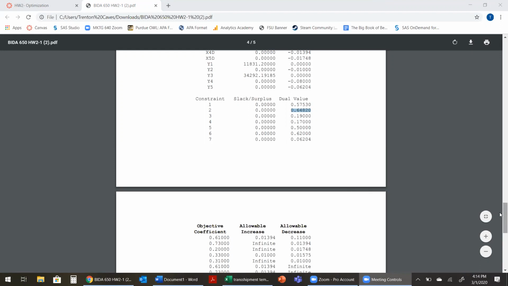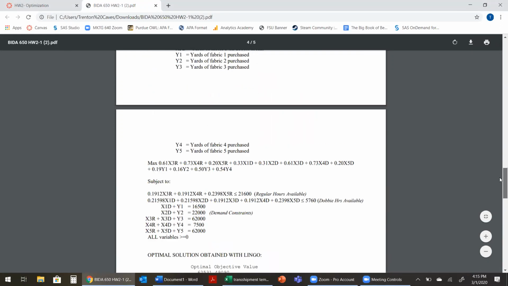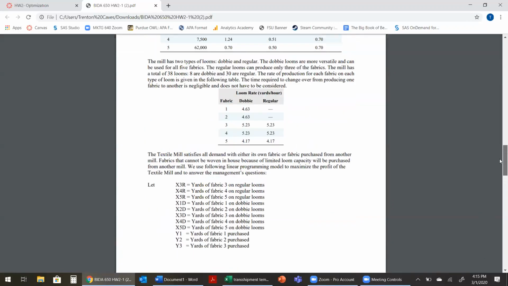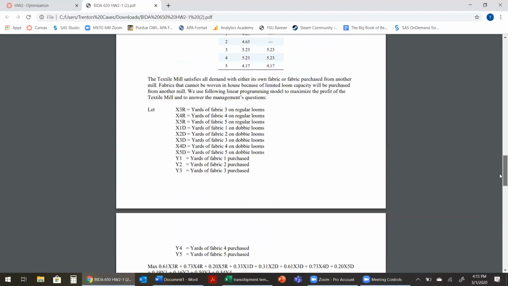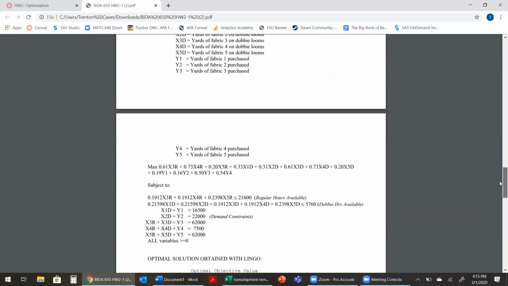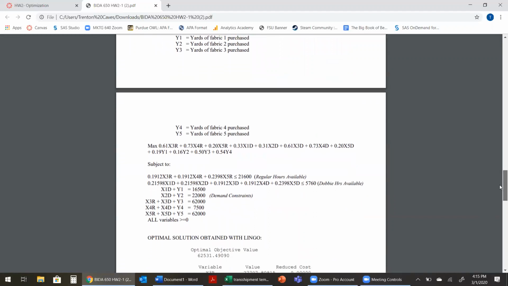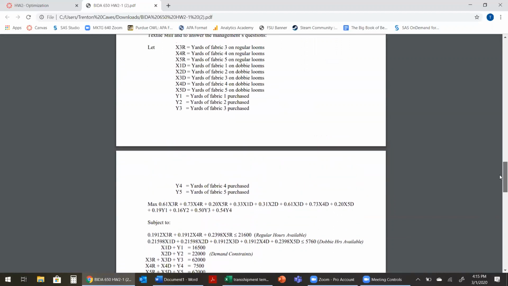So we have 8 Adobe looms. If we have one more Adobe loom, how many production hours would we get from that?